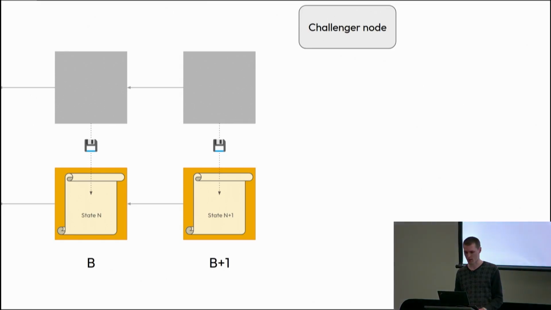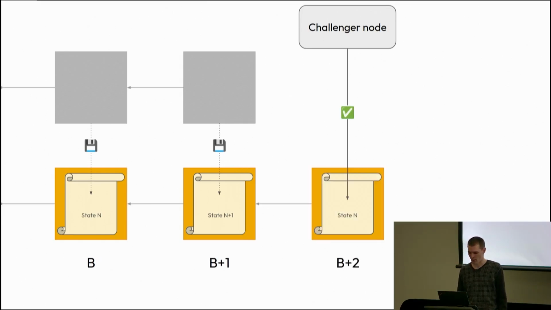So again, going back to the diagram, we now have a label for the actual state of the rollup. And we also have this new box that's shown up called the challenger node. And what the challenger node is going to do is watch the state transitions that the rollup block producer is putting into Bitcoin.